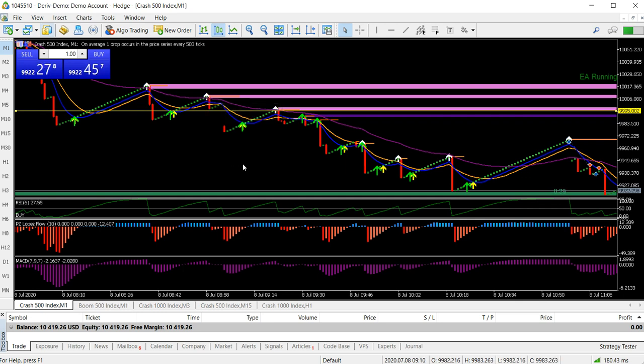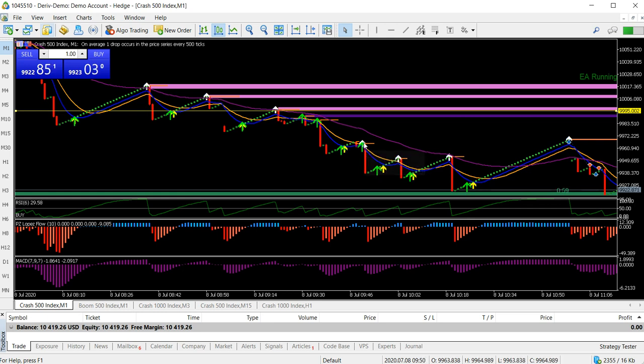Now, in an instance where it crashes and another arrow does not appear below it, don't enter for the buy which is taking place. Only buy after the system has produced a white arrow, it has crashed, and it didn't form any other arrow but a yellow arrow.